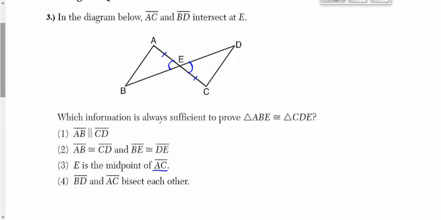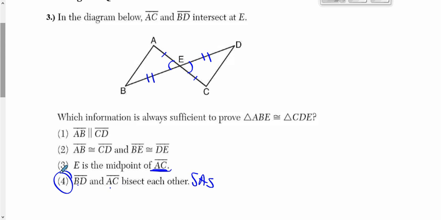It's only the midpoint of what? Yeah. Well, let's look at 4. Oh, now maybe we've got something, right? BD and AC bisect each other, so that means these are congruent. Now we have that, don't we? It said bisect each other, okay? So now we have what? Side, angle, side.